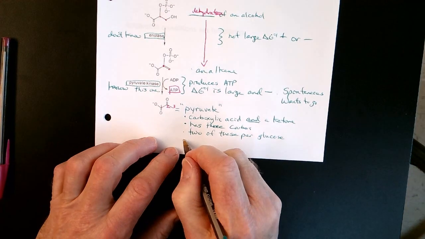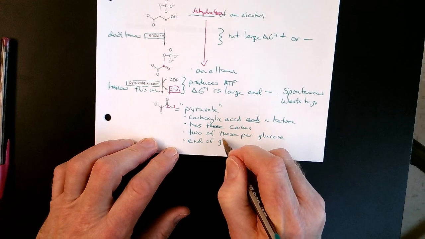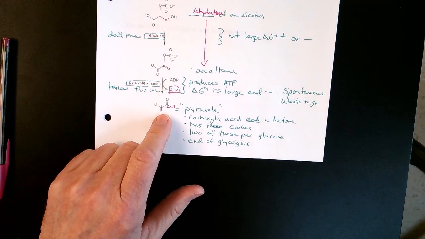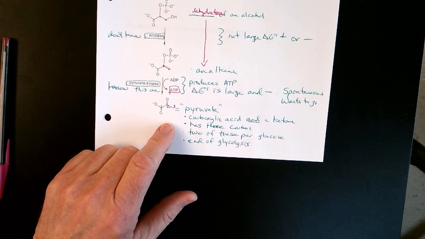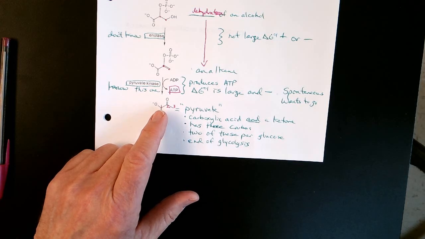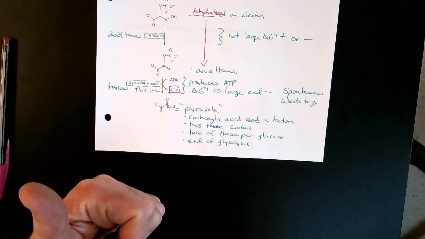And also remember that this is the end product of glycolysis. You start with glucose that has, well, if it's in its cyclic form, it has no carbonyl groups in it. No acid, no ketone, nothing like that. It's 6 carbons, 5 of them in a ring, 1 of them dangling off.